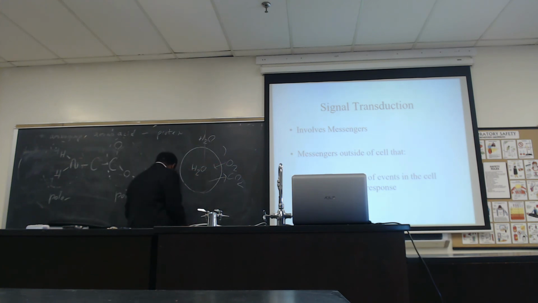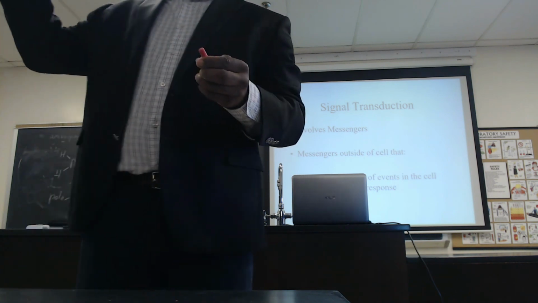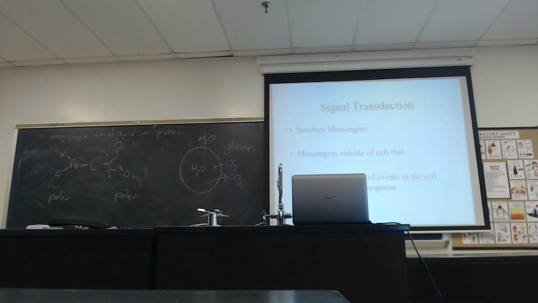However, look at our friend here. I talked about him before. What's his property? His property is polar. So can he go right through the membrane? Can glucose go right through the membrane?